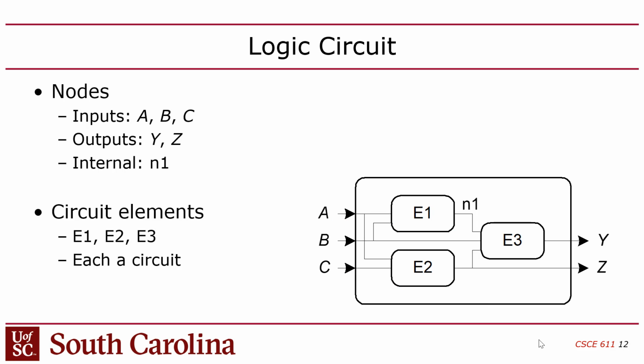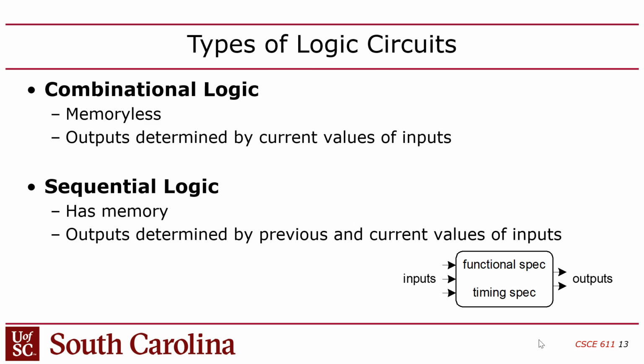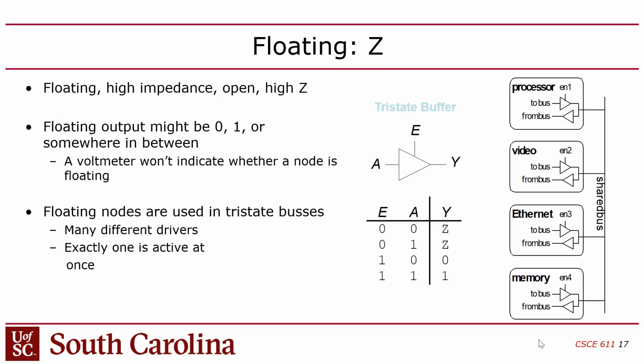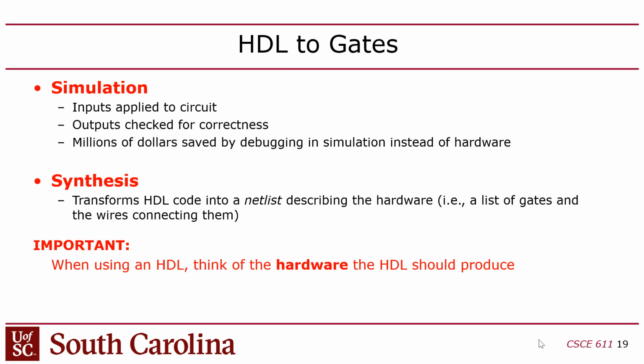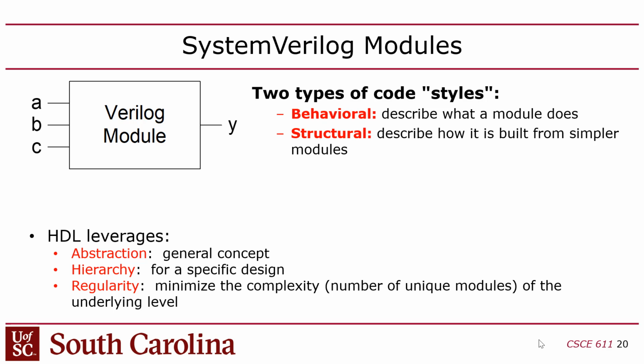Okay, so a logic circuit internally, as I mentioned, can have other logic circuits instanced inside of it, right? So this is what gives us the hierarchy. And so why am I bringing this up? Well, let me fast forward a little bit. In Verilog, there's this notion of a module.